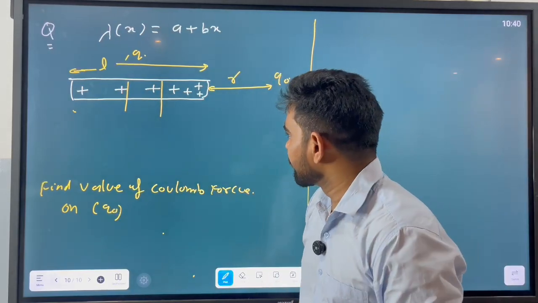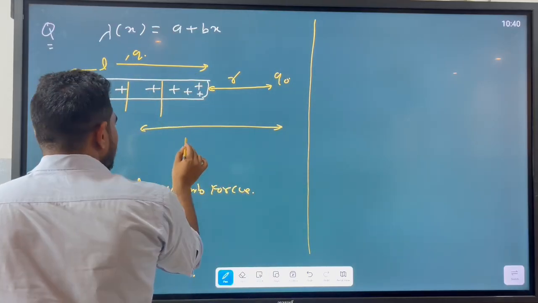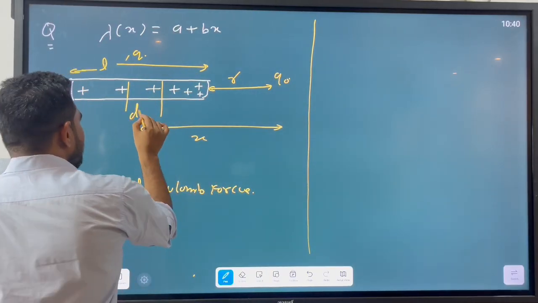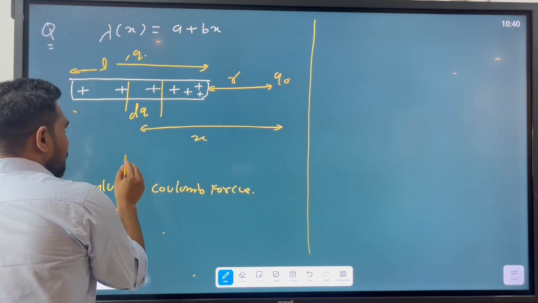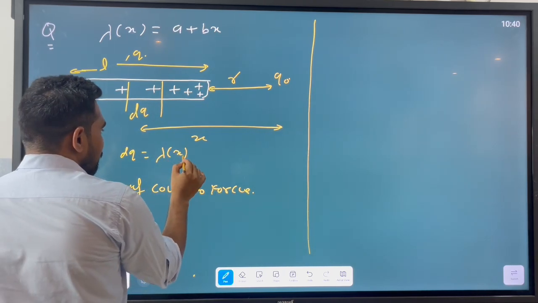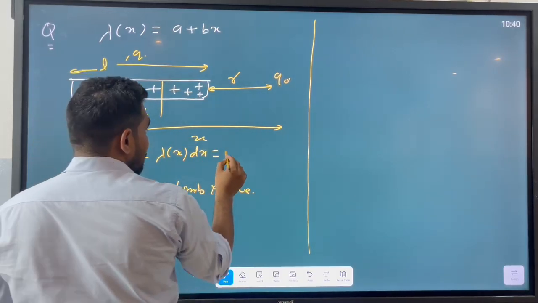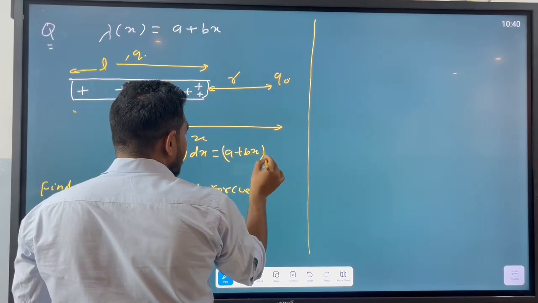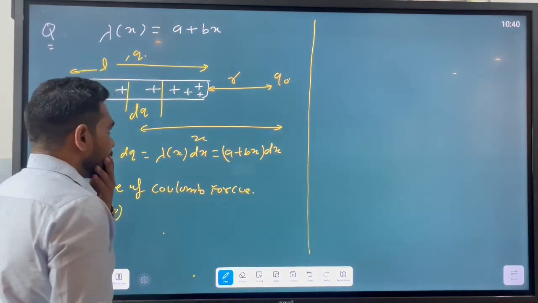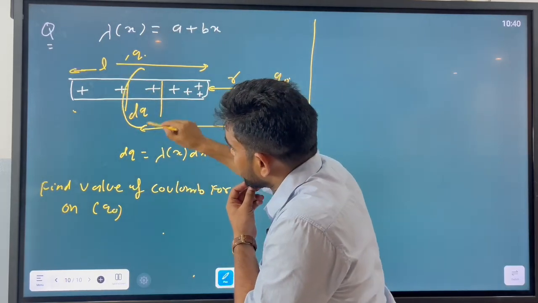Using the basic concept, take a small element at distance x with charge dq, where dq equals lambda x times dx, which is (a plus bx) dx. Now this small segment acts as a point charge.